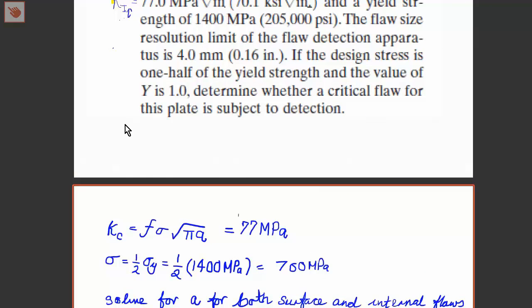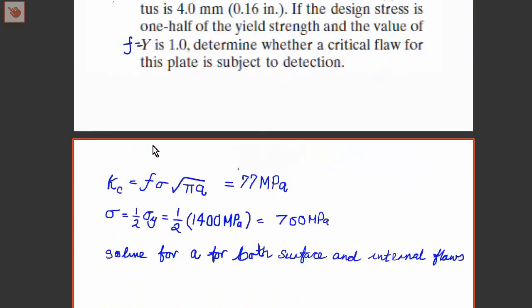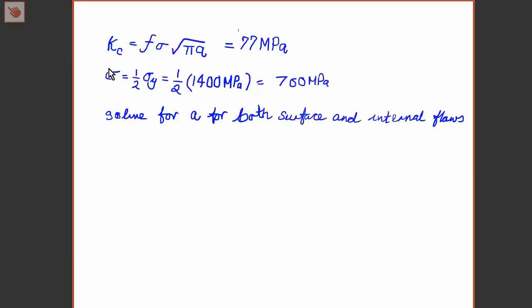They tell us here that the value of Y, which is also used in the book as F, okay, in this textbook, F and Y are used interchangeably. So the sensible thing to do is to use F equals 1 for both: a surface flaw of depth a and an internal flaw of size 2a.